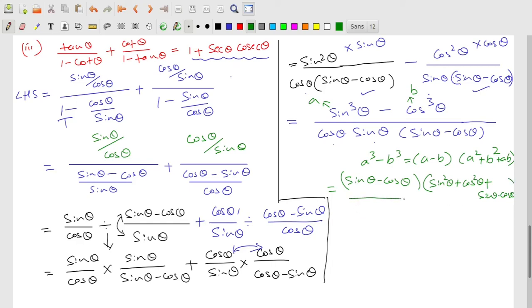So this is the numerator, and in the denominator you keep it as it is, cos theta into sine theta, and then sine minus cos.